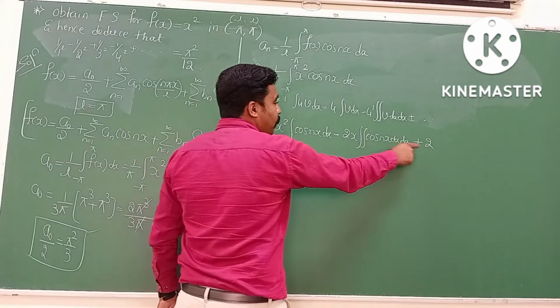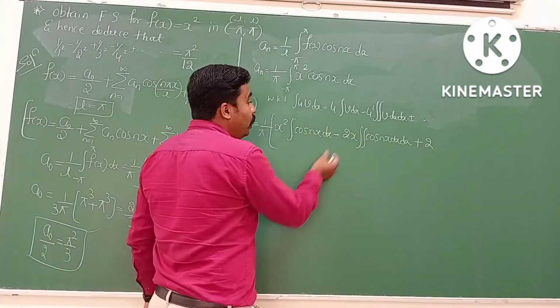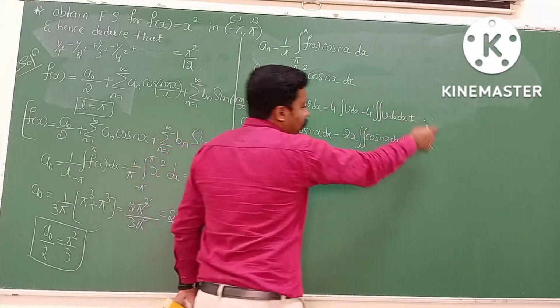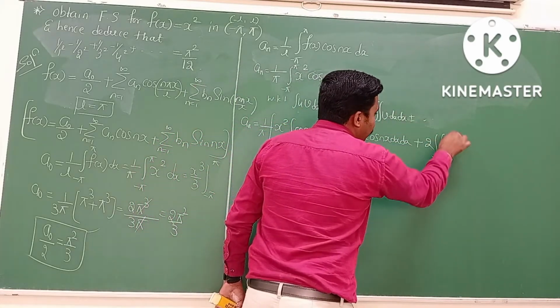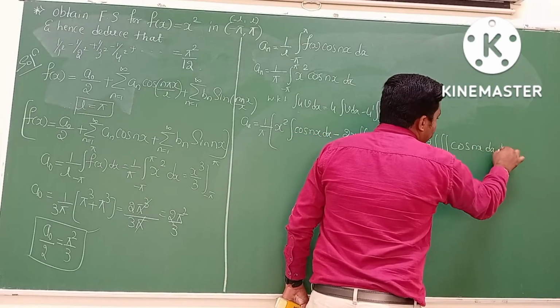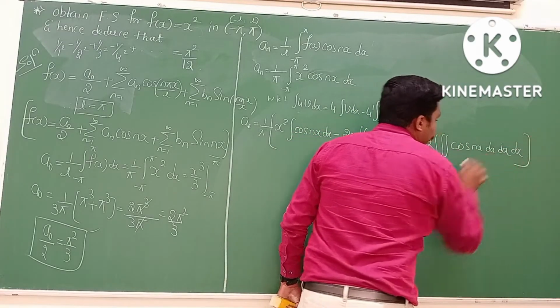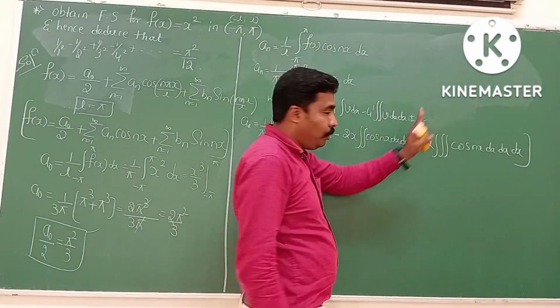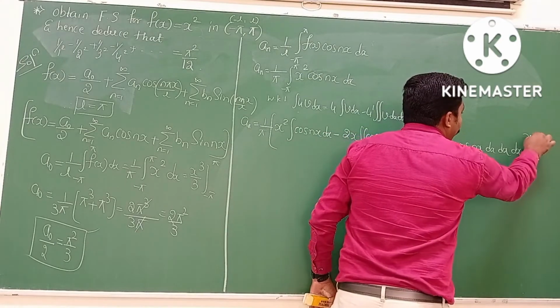See, this minus and plus are formula terms, so don't differentiate the minus. X square differentiation is 2x, 2x differentiation is 2, times the triple integration of cos nx dx. I stop the integration. Why? Because the differentiation of 2 will be 0. So this is from minus pi to pi.